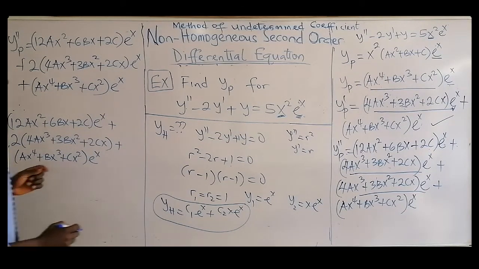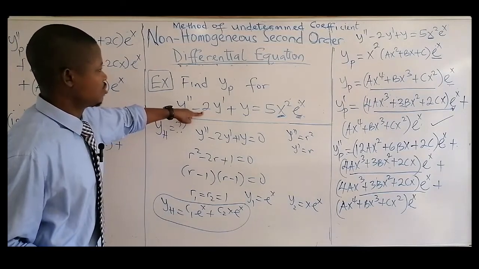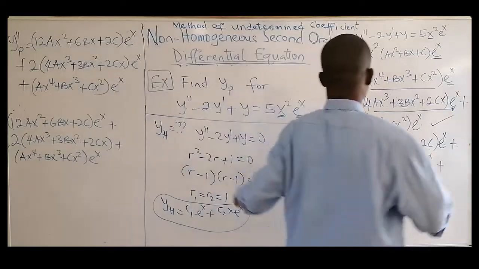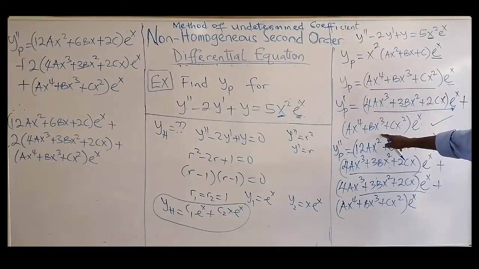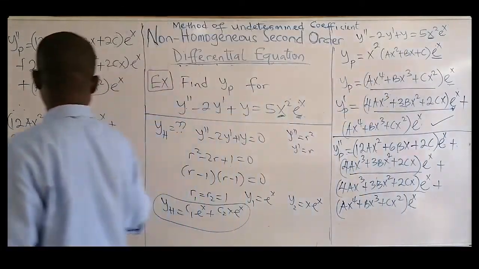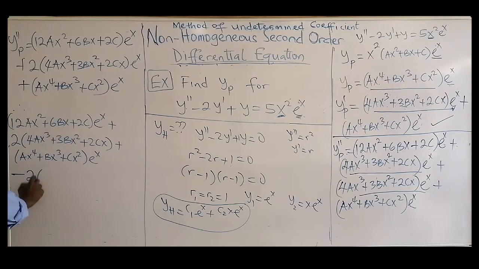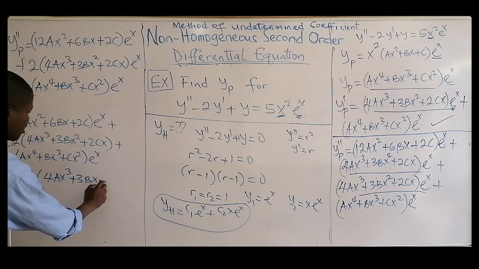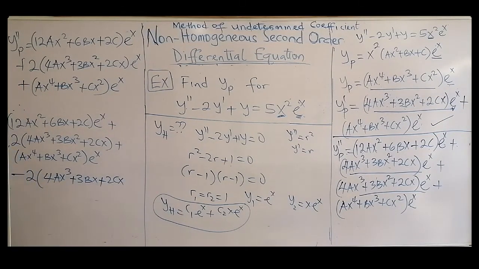Then the first differential, minus 2. Go to your first differential, minus 2. So let's start with that. The first differential will just have two parts. So that will be equal to minus 2 into brackets, first differential, 4ax³ plus 3bx² plus 2cx.